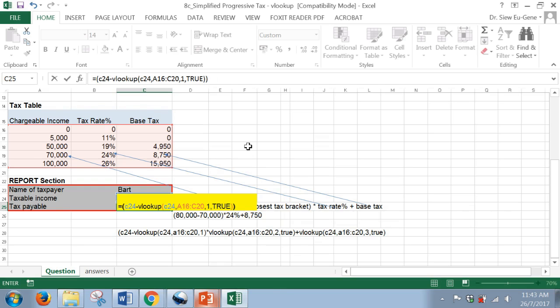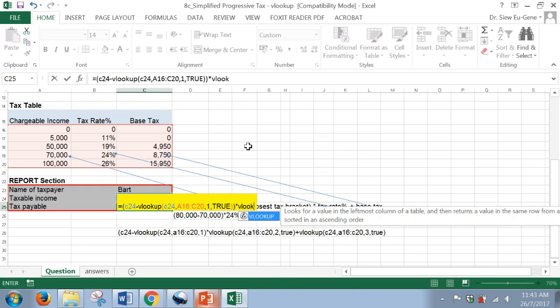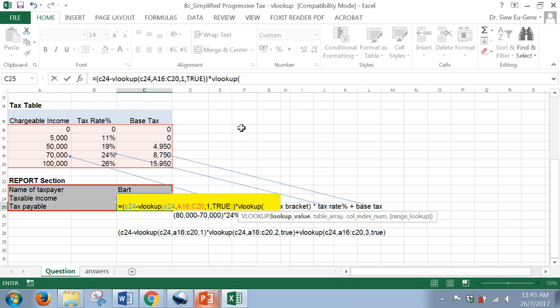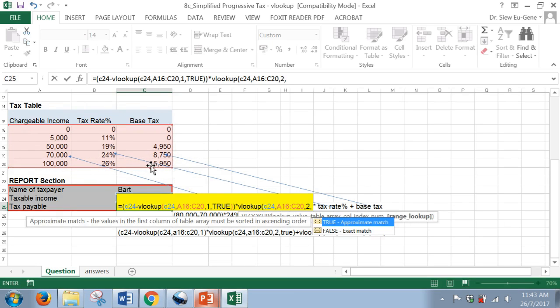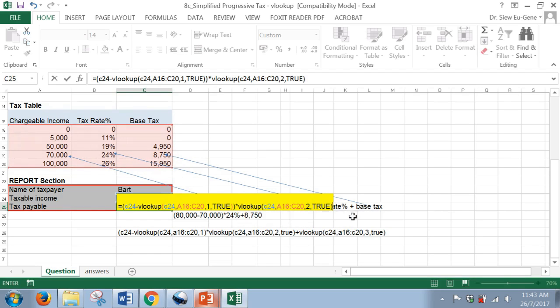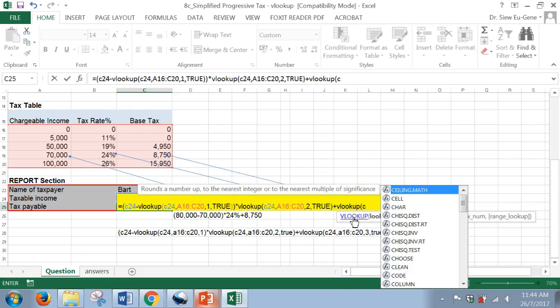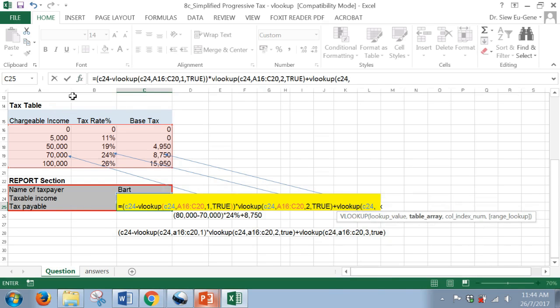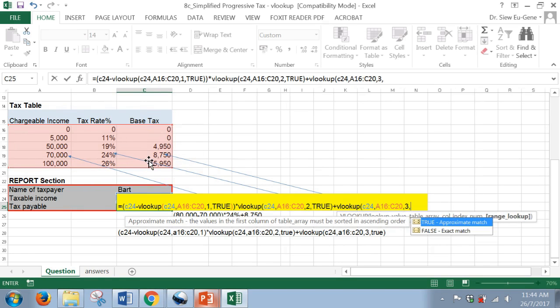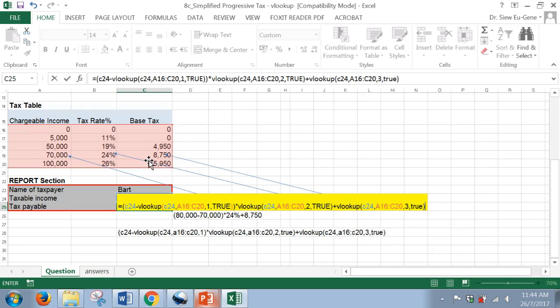We need to close the bracket, multiply by VLOOKUP again, C24 in the same table location here. This time returns the second column and is approximate, or you can leave it empty, and add with the base tax. C24, again the same table location, returns the third column and is approximate match.